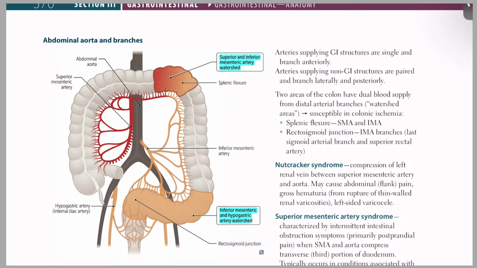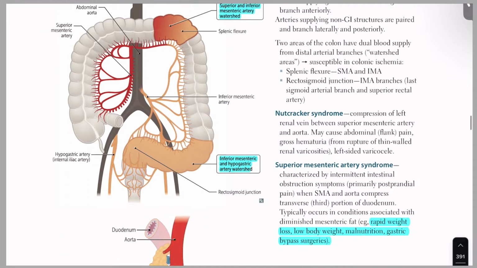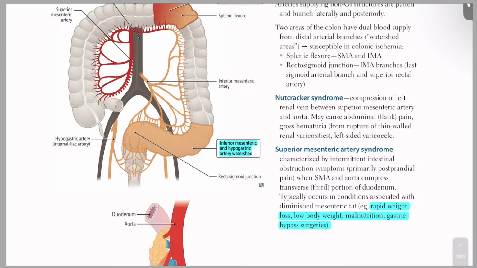Superior mesenteric artery syndrome: characterized by intermittent intestinal obstruction symptoms, primarily postprandial pain, when SMA and aorta compress the third portion of duodenum. Typically occurs in conditions associated with diminished mesenteric fat: rapid weight loss, low body weight, malnutrition, gastric bypass surgery.